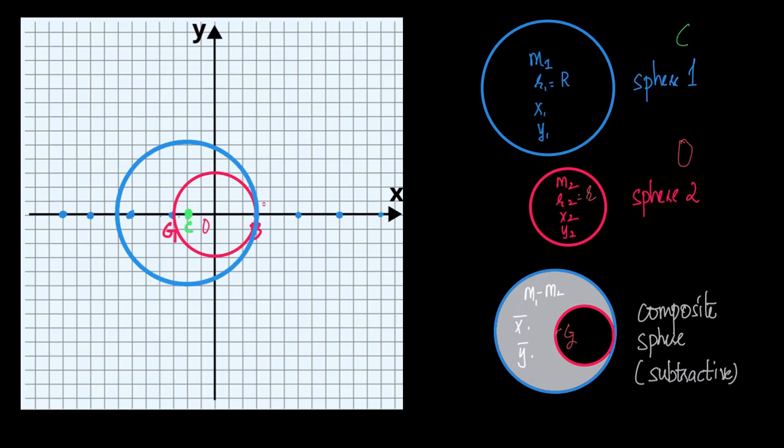Okay. One more time. The largest sphere, mass m1, has a radius capital R, with the center of mass of this largest sphere as x1 comma y1. Sphere 2, the cutoff sphere, m2, radius as small r, x2 comma y2. As the center of mass of composite figure, right?